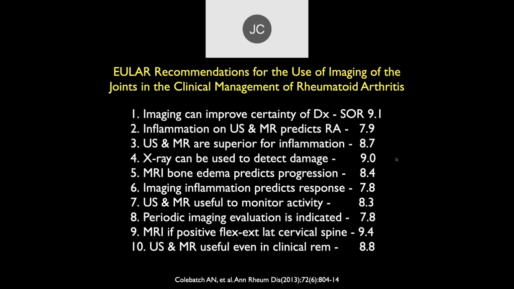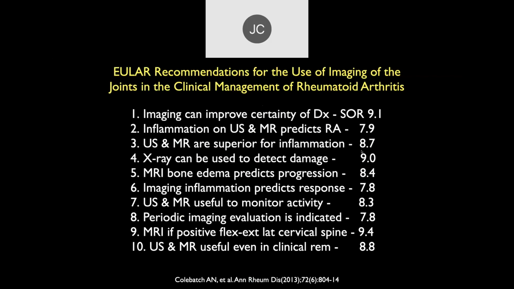And this was a study where the European League Against Rheumatism made recommendations for the use of MR, and they basically found, looking through the literature in 2013, that MR was highly effective at improving the certainty of diagnosis, and highly effective at detecting inflammation.